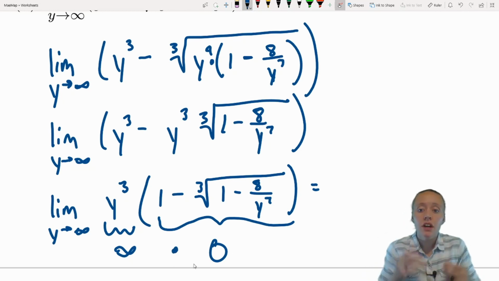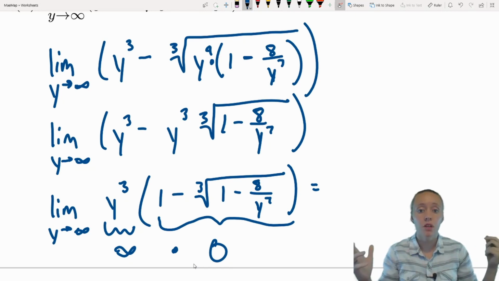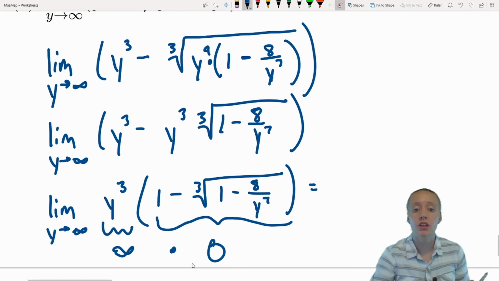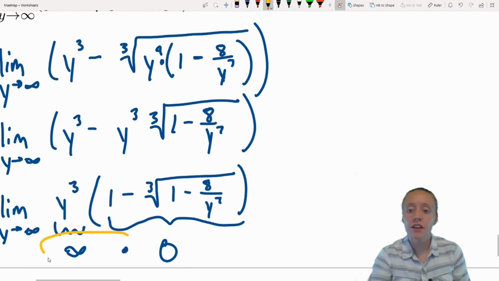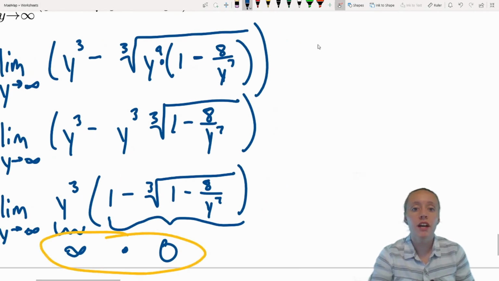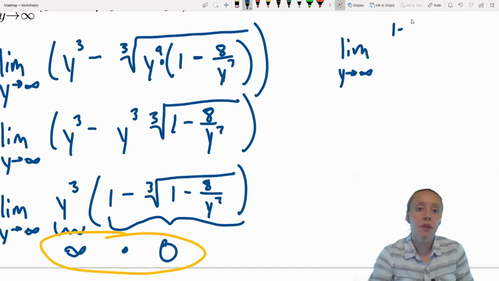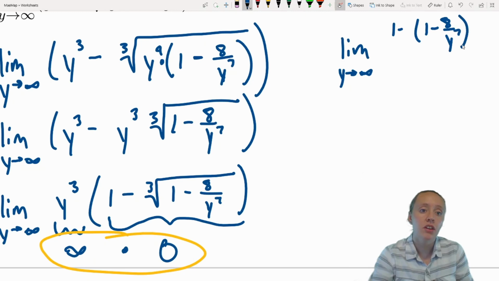So all I have to do is move one of those terms into the denominator. What I'm going to move is that y cubed. So because I got infinity over 0, moving that y cubed, I'm going to have the limit as y approaches infinity of 1 minus the cube root, which I'm just going to write as 1 minus 8 over y to the 7th, all to the 1/3, and that's all over 1 over y to the 3rd.